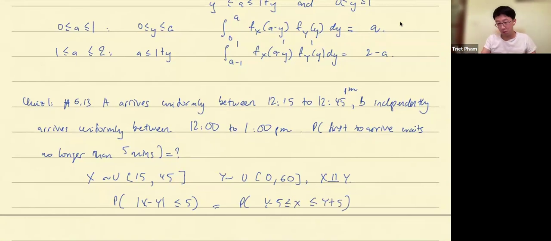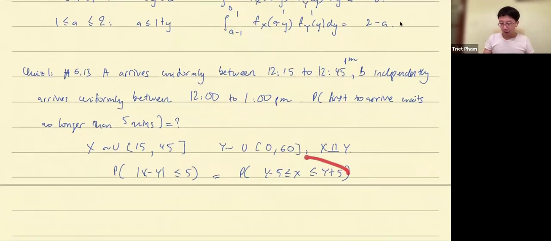That's correct, or you could just jump to here right away. But to me, this is easier to see and is correct beyond a doubt, because if the absolute value of the difference of two numbers is at most 5, they're within 5 of each other. So whoever arrives first doesn't have to wait more than 5 minutes. Now, as for how we find this actual number, what's the best way?